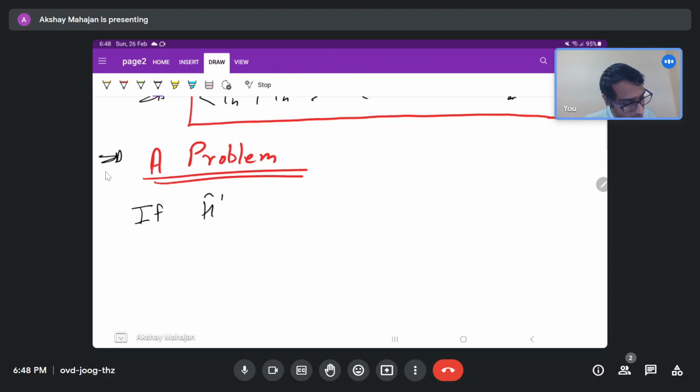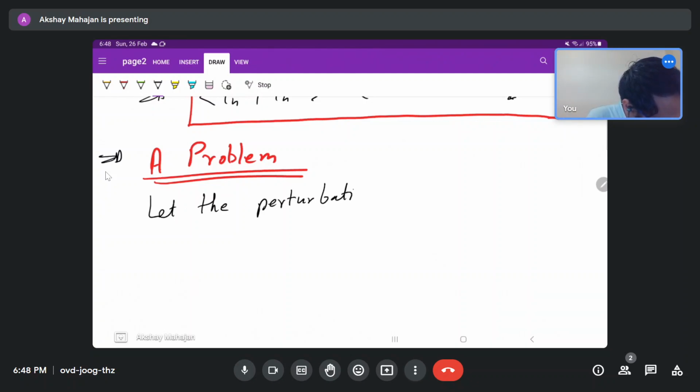Let the perturbation be given by h cap prime.